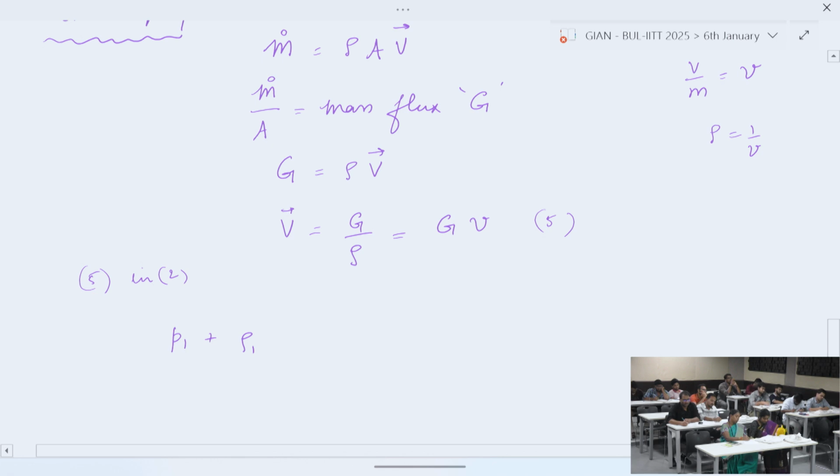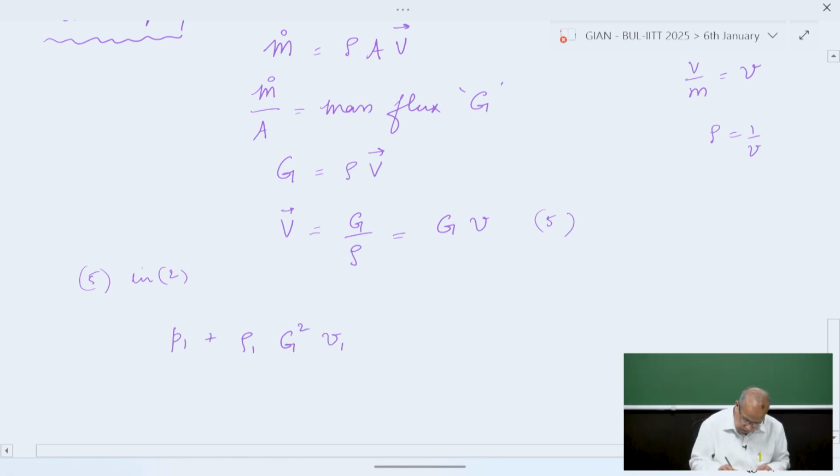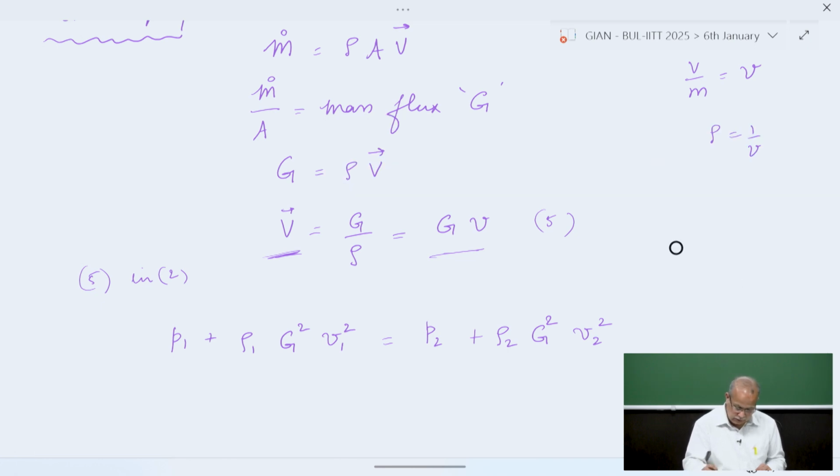In place of V1 square, I can write here G square, specific volume square, is equal to P2 plus rho 2 G square, specific volume square. So just substituting velocity as G into V in the momentum equation here.